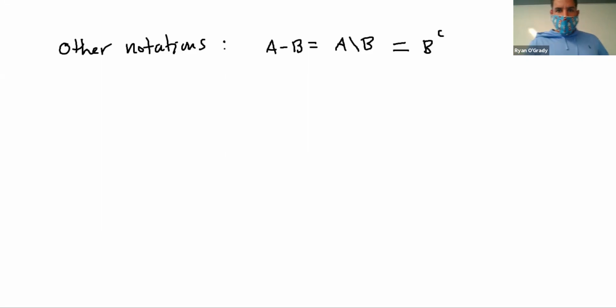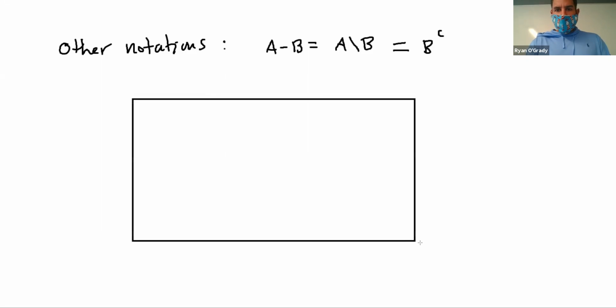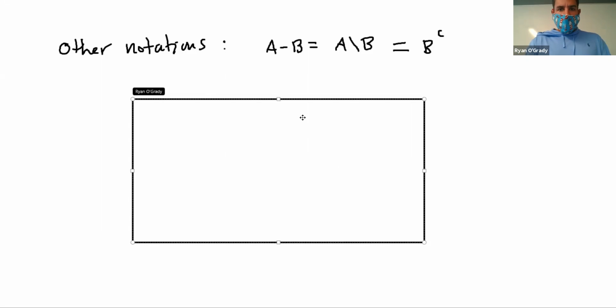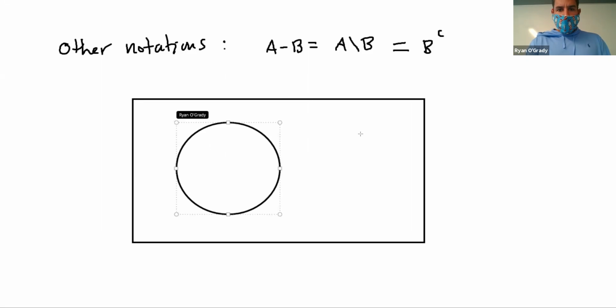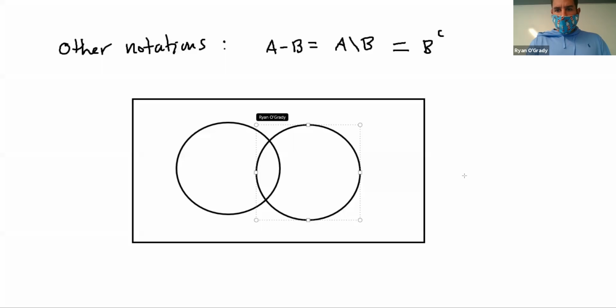So let's look at a Venn diagram of this real quick. I think it helps make sense of this. If this is our universe, let's take some circles here. Let me get my marker.